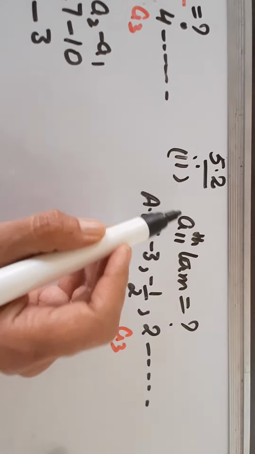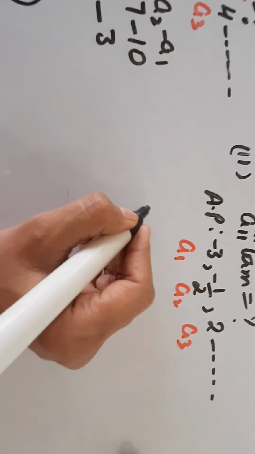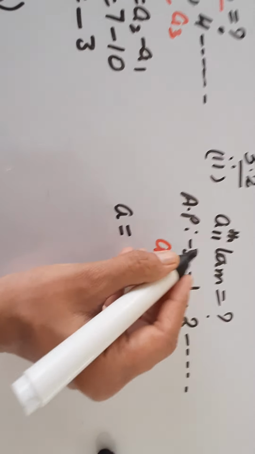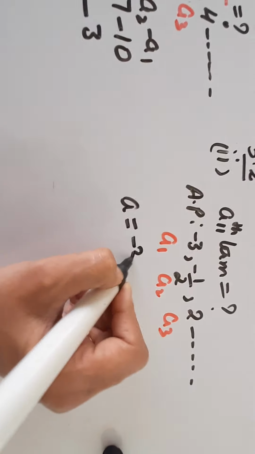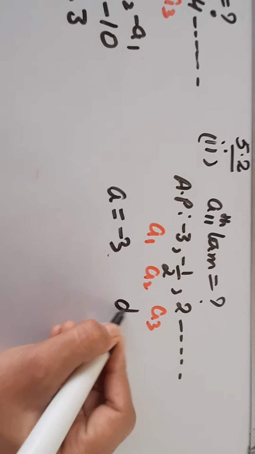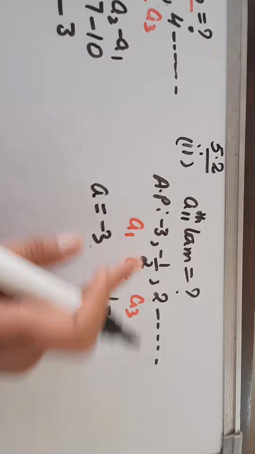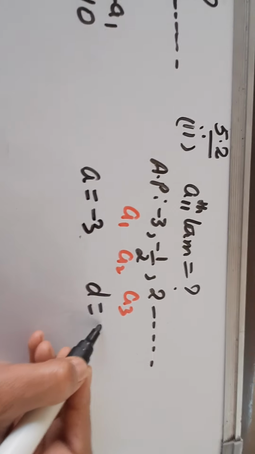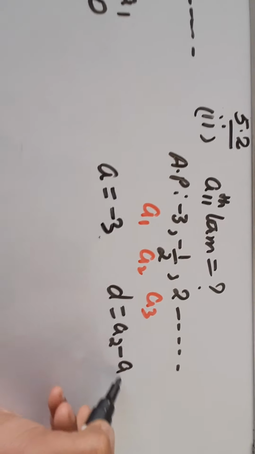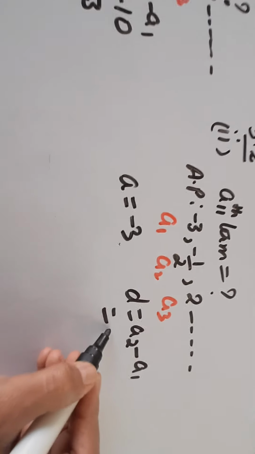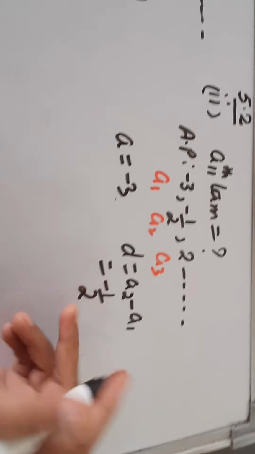So again, dear students, to find any term we need to have a and d. So a is the first term, that is minus 3, and to get d we can write a2 minus a1 or a3 minus a2. It will be common because it is an AP. So a2 minus a1. a2 is minus 1 by 2. Be very careful about the sign.